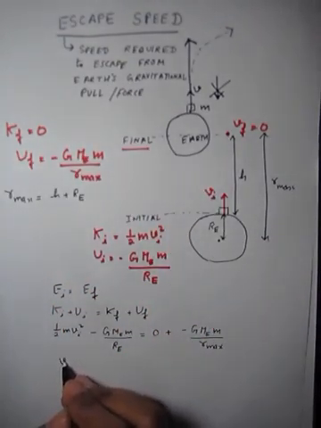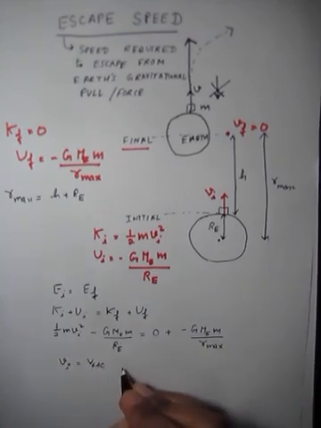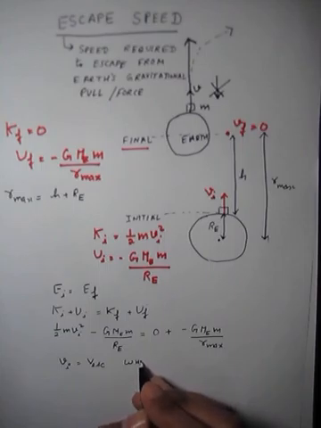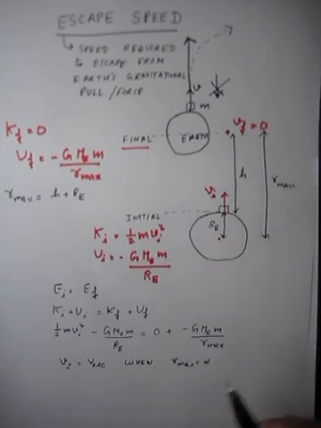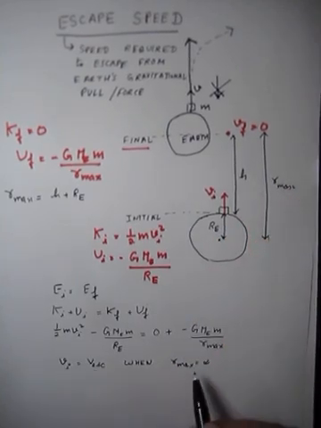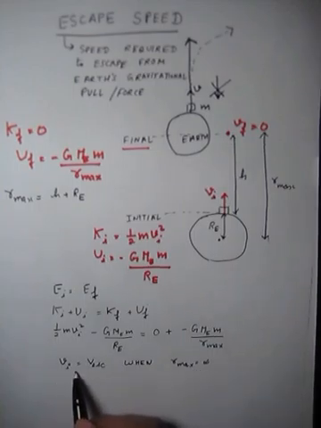So it means that the initial velocity will be the escape velocity when the distance traveled by it is infinite. If it goes to infinite distance, it means that it has escaped the Earth's gravitational pull, and therefore we say that that velocity will be the escape velocity.